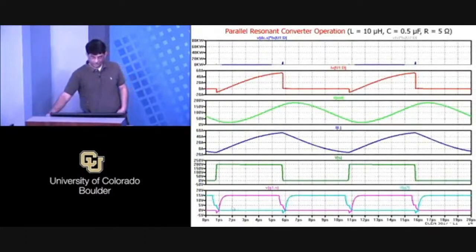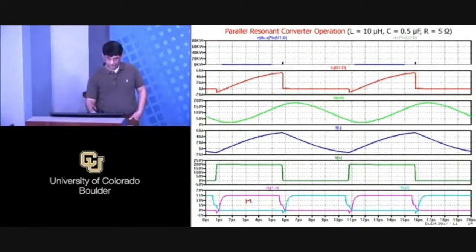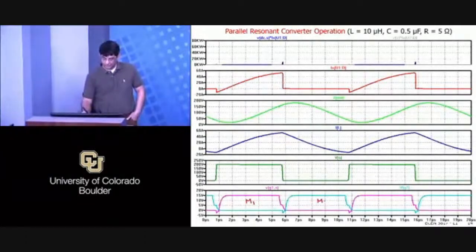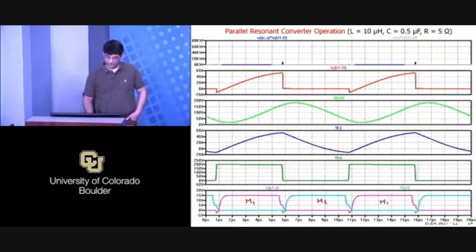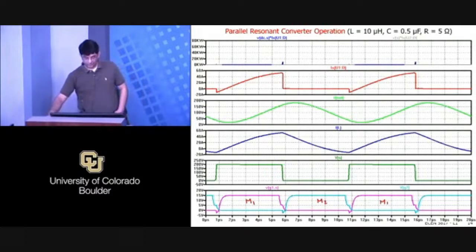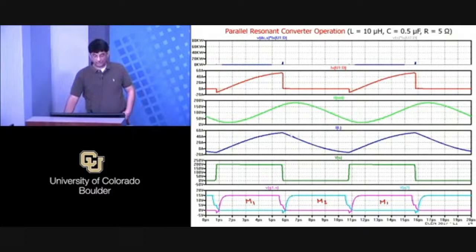All right, again, we have our transitions, M1, then M2, then back to M1. Again, switch node voltage looks as before. Here is the inductor current. And as you can see, it's no longer triangular, but it has large ripple. You would expect large ripple. The voltage at the output also is no longer constant. It has very large ripple, and it looks sinusoidal, right?